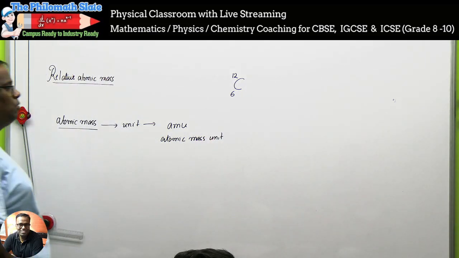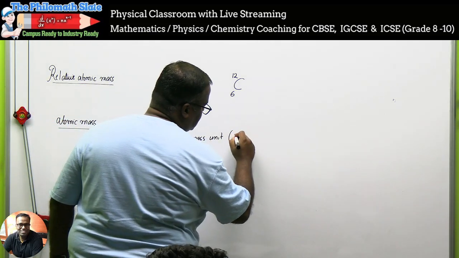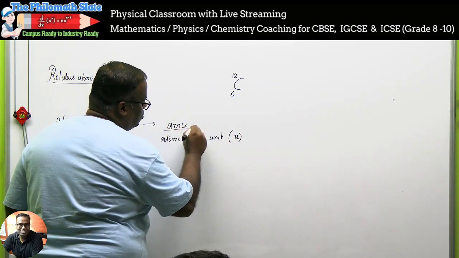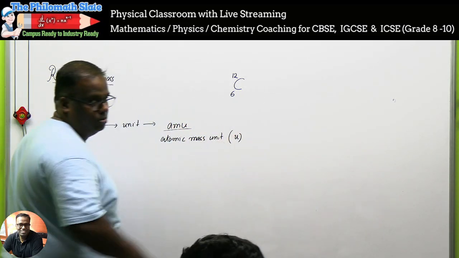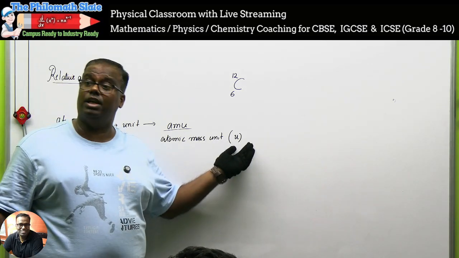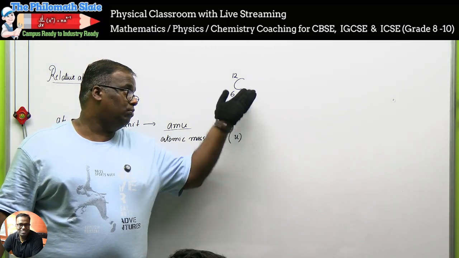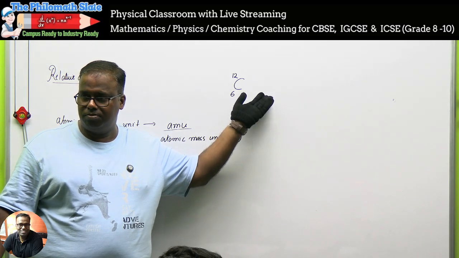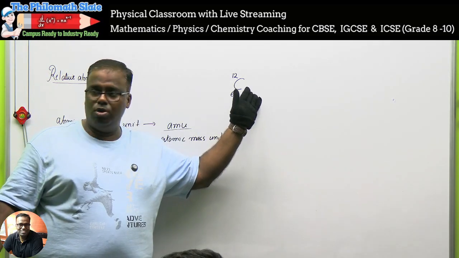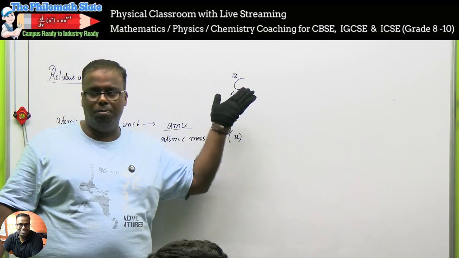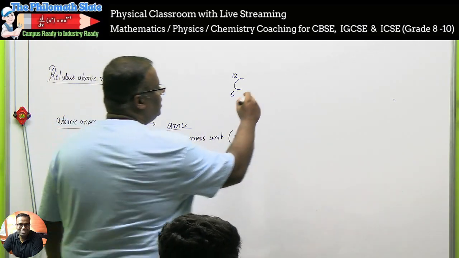We call it atomic mass unit, and it is represented as U. Nowadays, we no more write AMU. Earlier in our times, we used to write AMU. Now we just write U. This is like that kg. And now we have to assign him some value. How much was Jaideep on that planet? 100. So इसको भी तो कोई value assign करना पड़ेगा ना. Then only you can compare with him. तो इसको हम assign करते हैं.